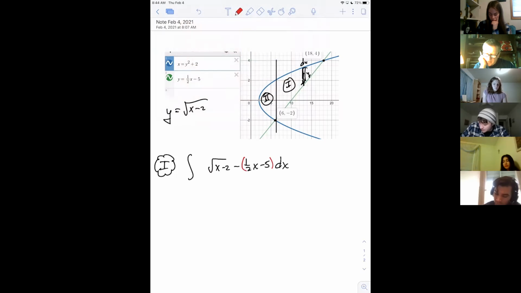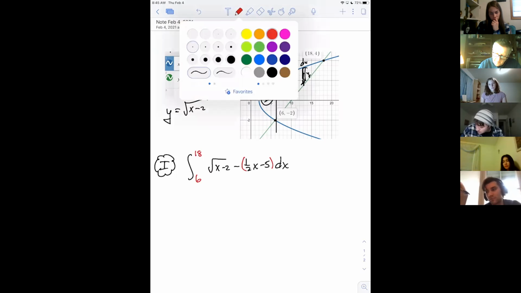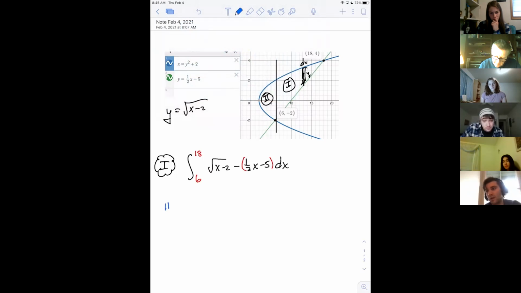What are the limits of integration here? Where is that true? 6 to 18. X is 6 to X is 18. That's exactly right. See, the problem is if you go out of the range 6 to 18, then you are suddenly over here.